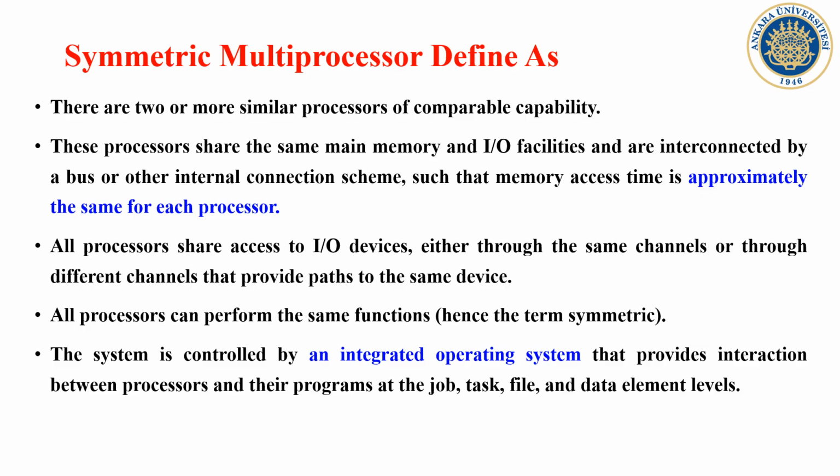A crucial element of an SMP system is the integrated operating system. The operating system coordinates all processors and manages their interaction at different levels, including job, task, file, and even individual data elements. It is responsible for processing, scheduling, synchronization, and efficient resource sharing across the processors.